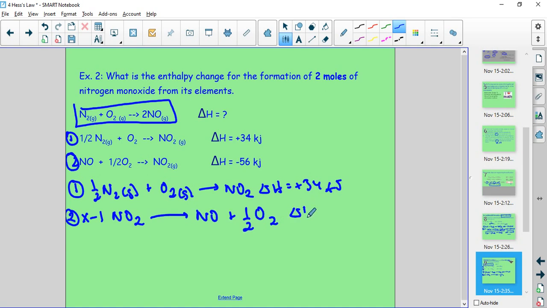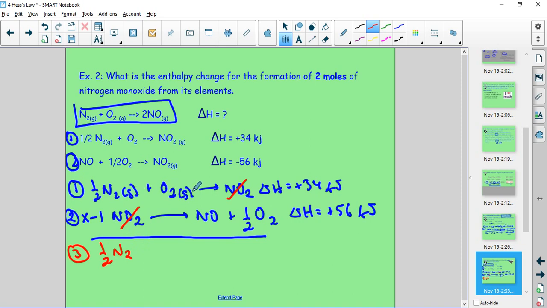Right? And our enthalpy has to be switched, so positive 56 kilojoules. Okay, now let's start canceling. All right, so NO2 gone. That's perfect.